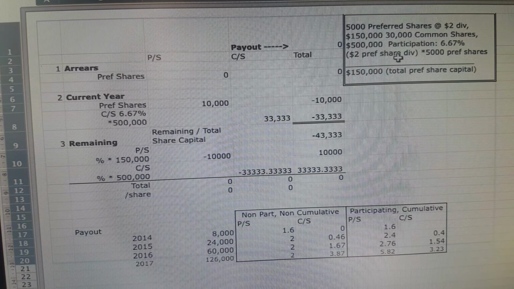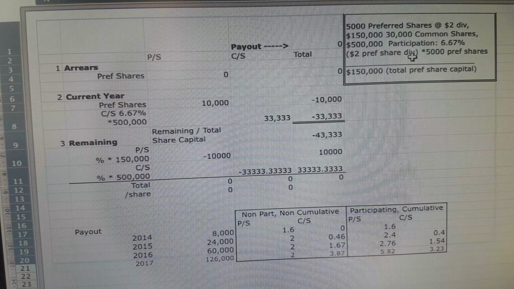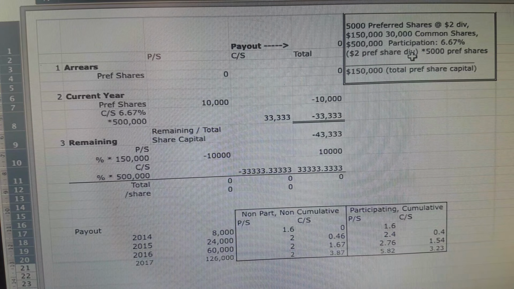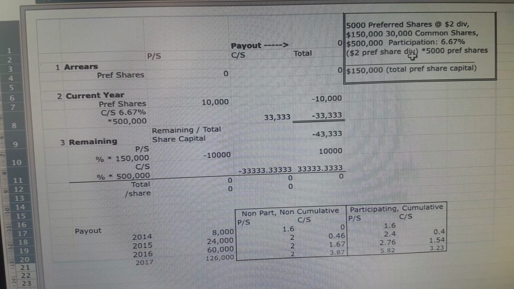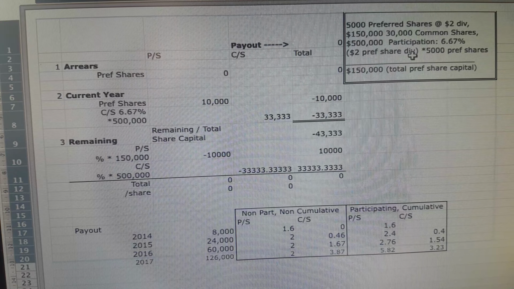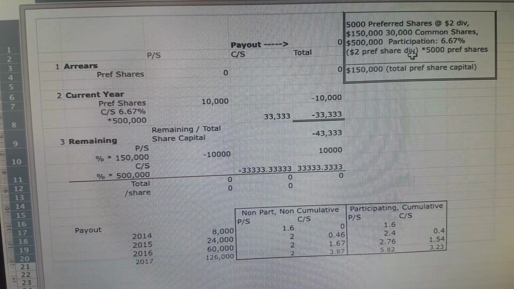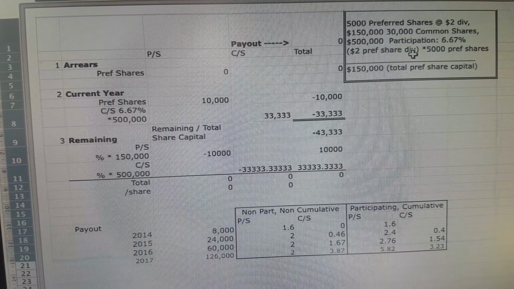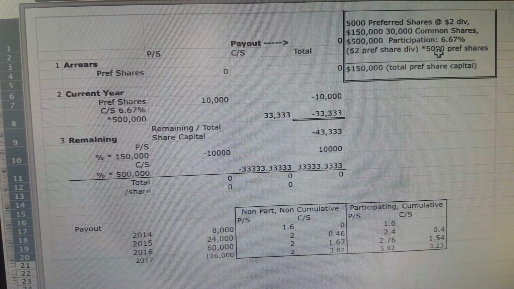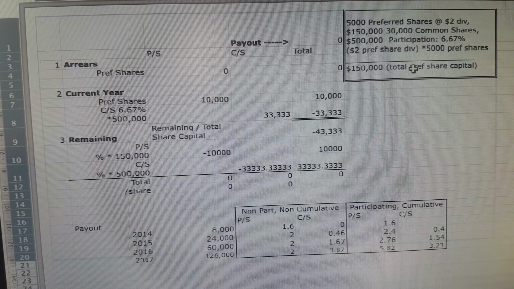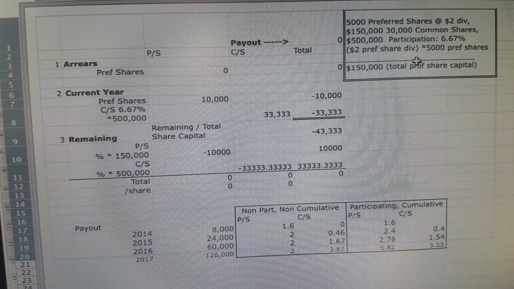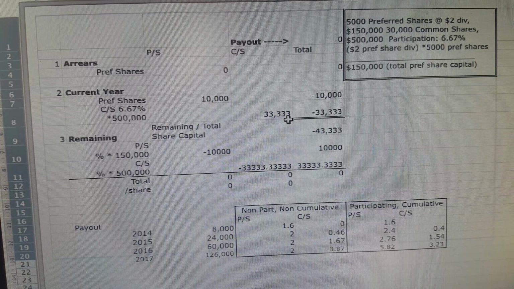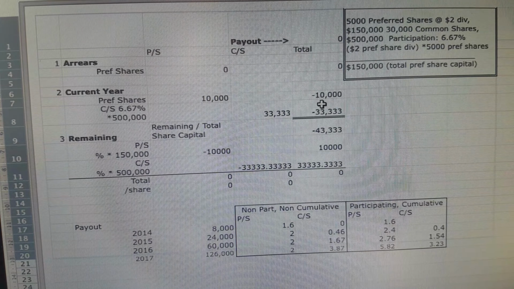This is another calculation you're going to be working with, because every time there's a payout, the minimum preferred share payout is this number, and for me that number is $10,000. So you take that $10,000, the preferred share payout, and divide it by 150,000, and that comes up with the participation rate of 6.67%. Okay, we got those down.